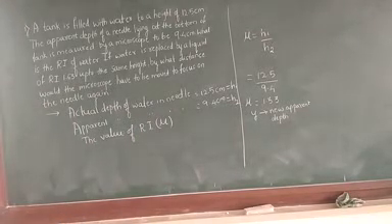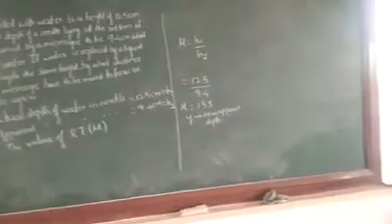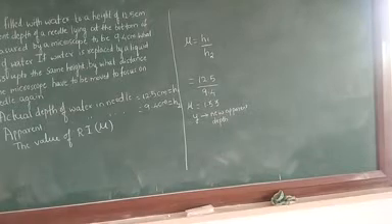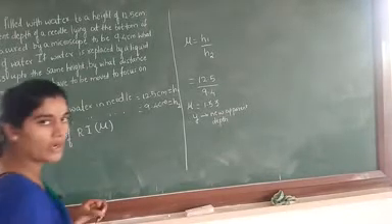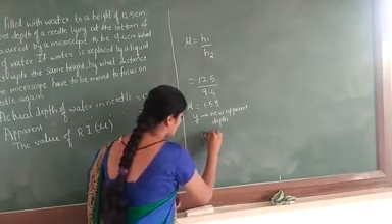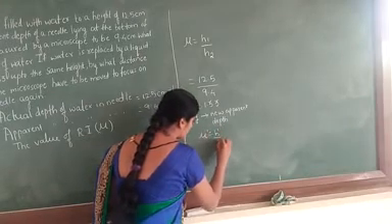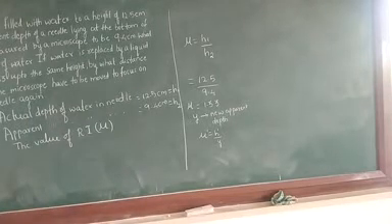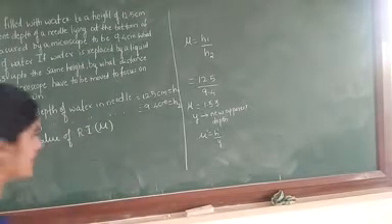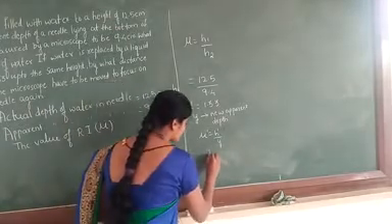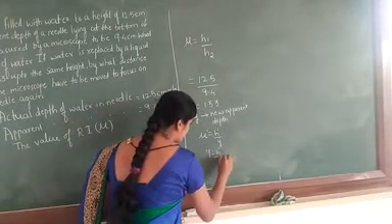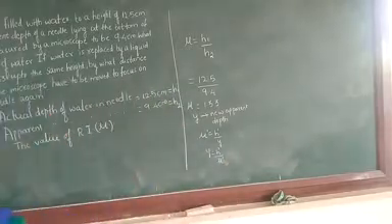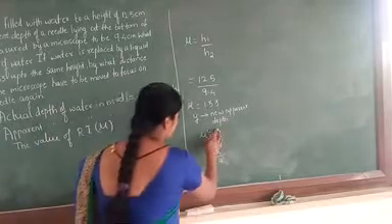Hence we can write the relation as mu dash is equal to H1 by y, or this can also be written as y is equal to H1 by mu dash.